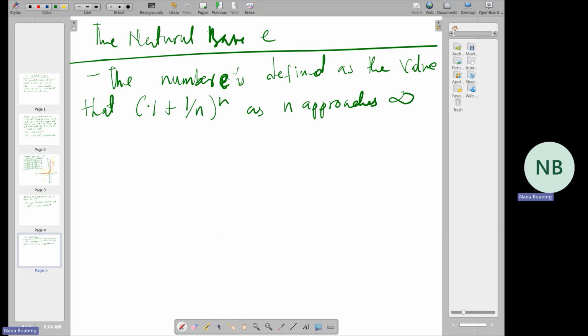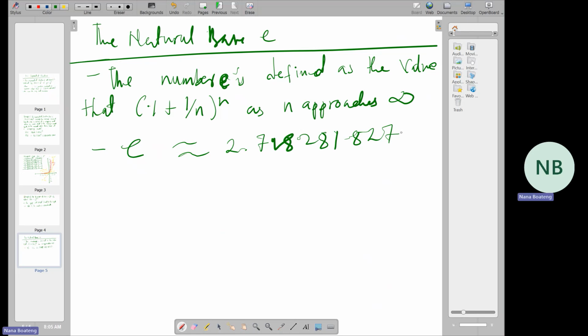So the evaluation of this series as n approaches infinity, and that numeric value is approximately 2.718281827.